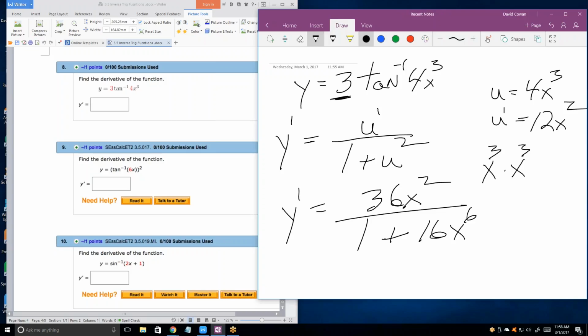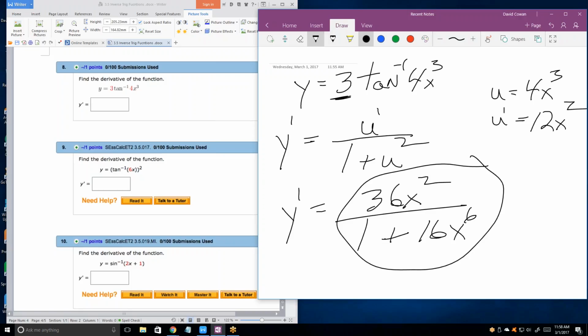If I'm doing multiplication, I'm always adding. If I'm doing division, I'm subtracting exponents. If I'm doing double exponentiation, then I'm multiplying exponents. But this is straightforward. When you square a variable with an exponent, you basically double the exponent. And there's your answer.